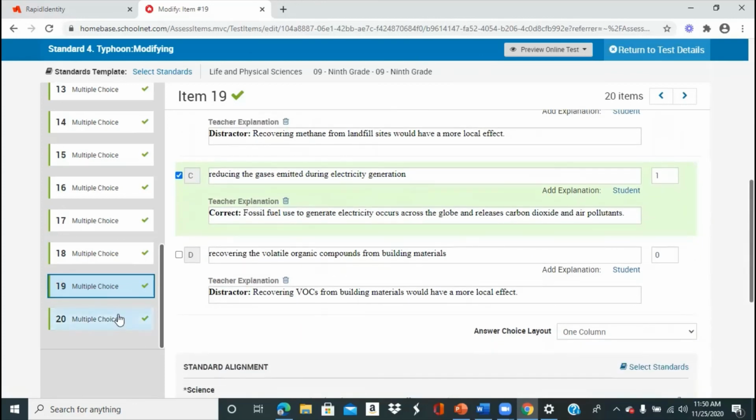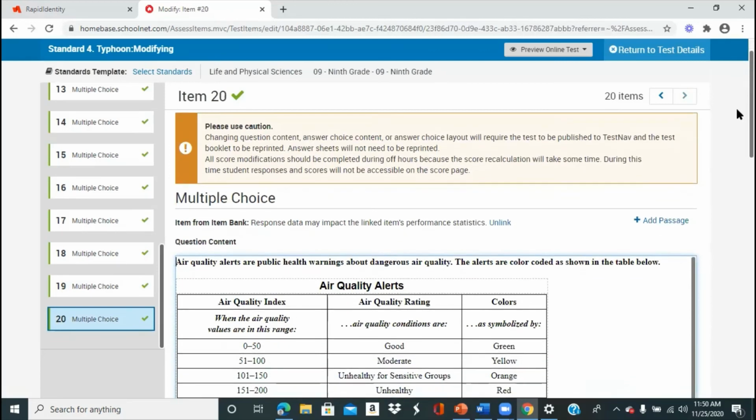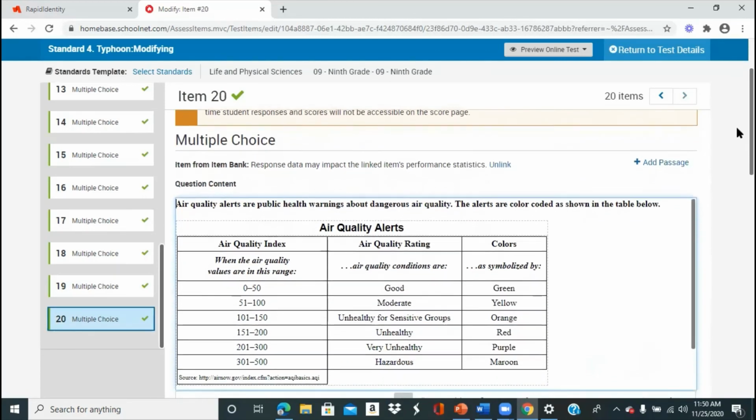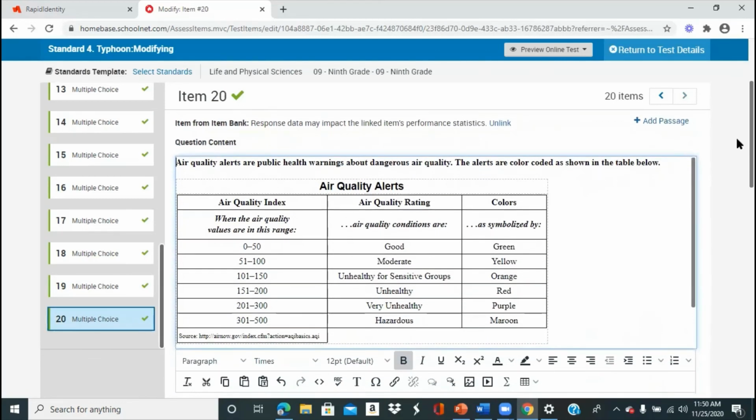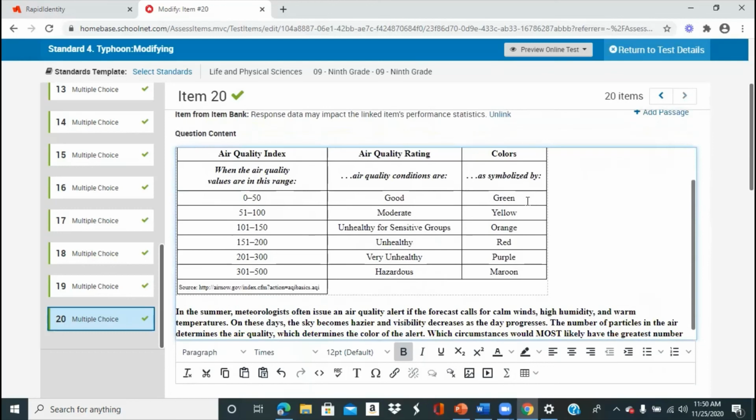When we go to the last item, here it is. It says air quality alerts are public health warnings about dangerous air quality. The alerts are color coded as shown in the table. When it's green, the air quality is good. When it's yellow, the air quality is moderate.